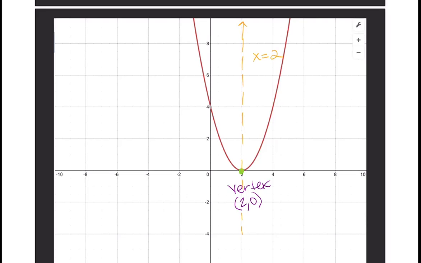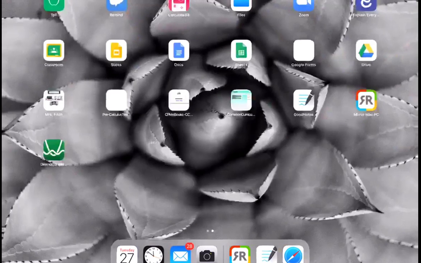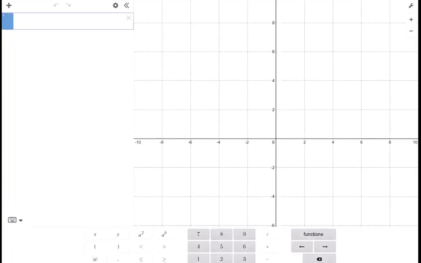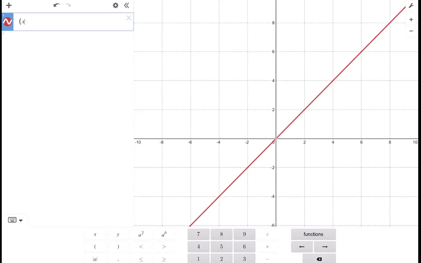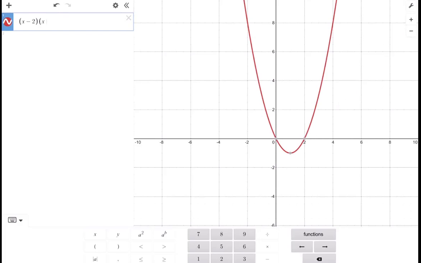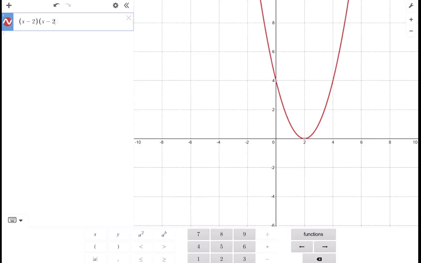It's opening up, our ends are going up, and our vertex is at 2, 0. So we're going to flop back over to our Desmos. We had x minus 2 times x minus 2, right? So we want it to have that same general shape, and we want it to still go through the same vertex.